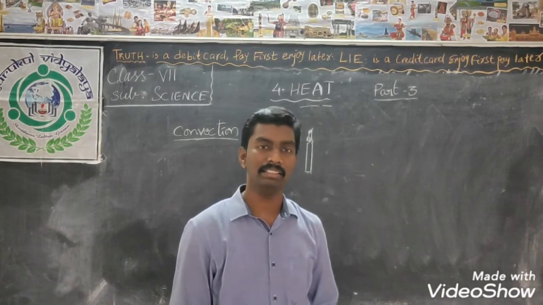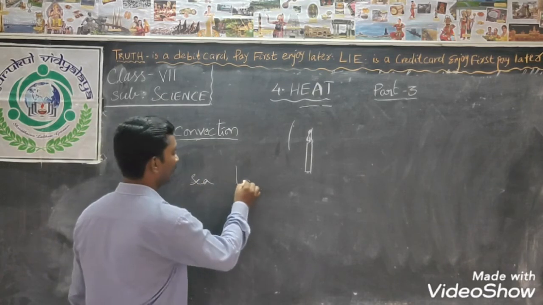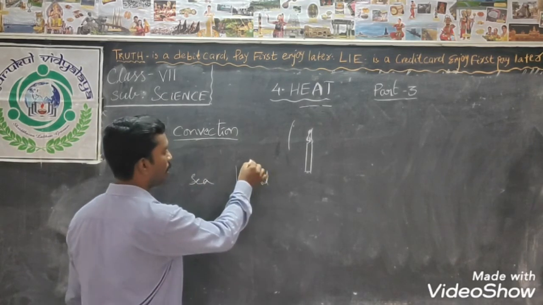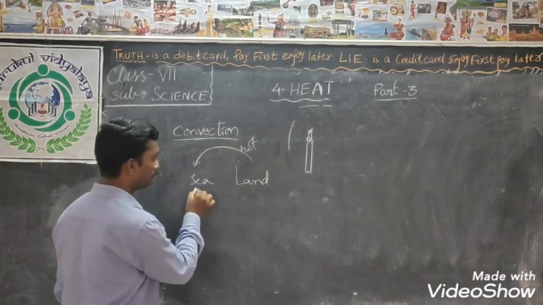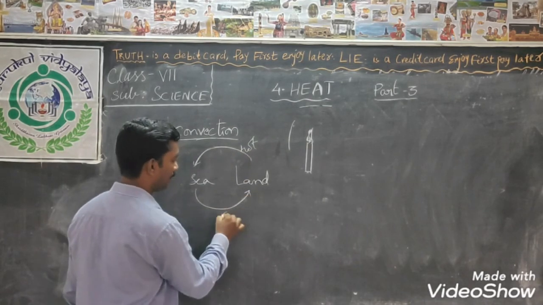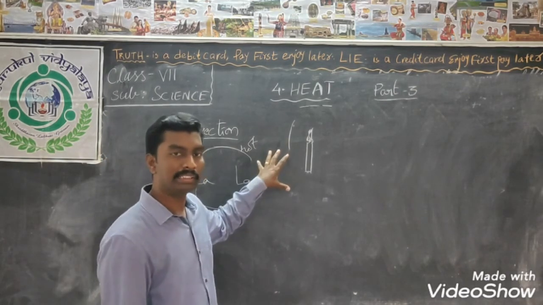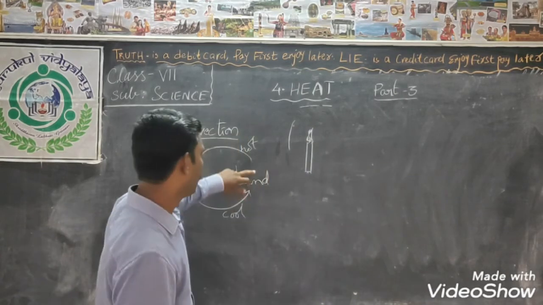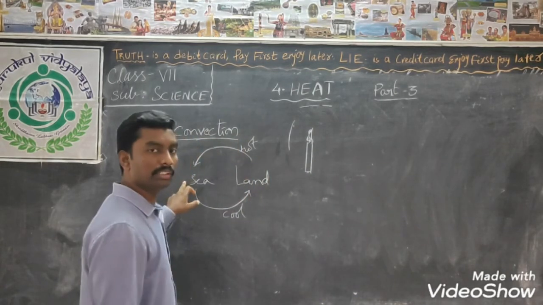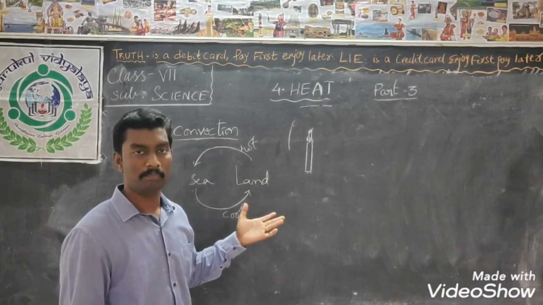Do you understand, children? If it is sea, it is land. So the hot air is going into the sea. The cool air is coming to the land. Then it completes the cycle. So hot is going into the sea, cool coming to the land. So it completes one cycle there.